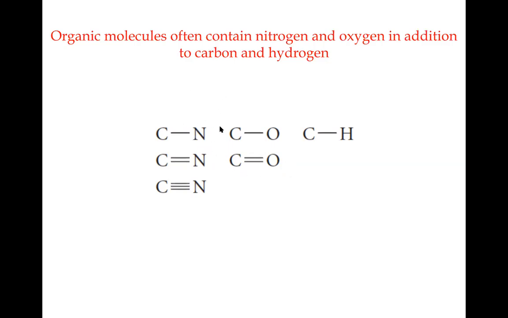Not all, but a lot of the biomolecules, like the nucleotides that make up our DNA, are going to have nitrogens and oxygens on them. Okay, and it can be a carbon-nitrogen single bond, double bond, or triple bond. It can be a carbon-oxygen single or double bond, or then, of course, a carbon-hydrogen single bond. Those are the different forms that they can take in the molecule that they make up.